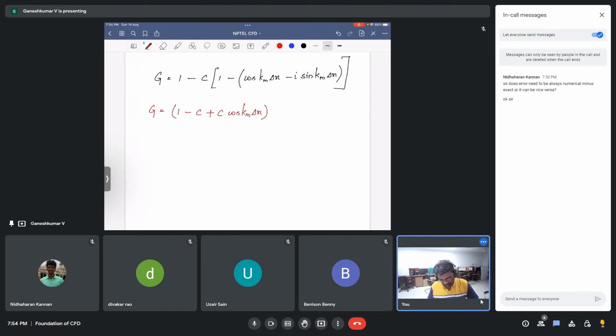right? Okay, what would happen? Minus into minus plus c times I sine km delta x. All right. That will be also plus, no, sir?